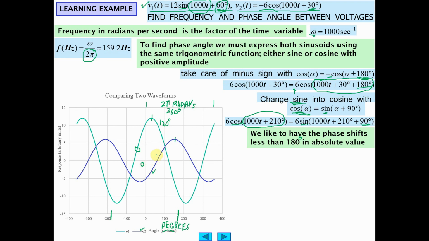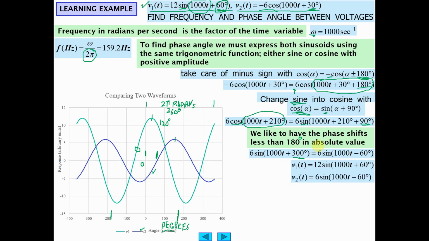Here's the origin. It looks like it lags, so that means there'd be a negative 60 degrees. The distance between here and here looks like it's 60 degrees on the chart. So it makes sense. We're taking away 360 from this.